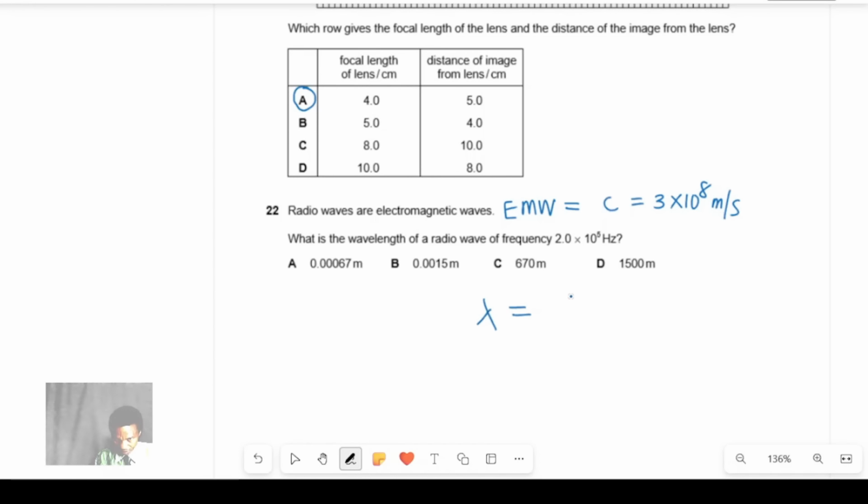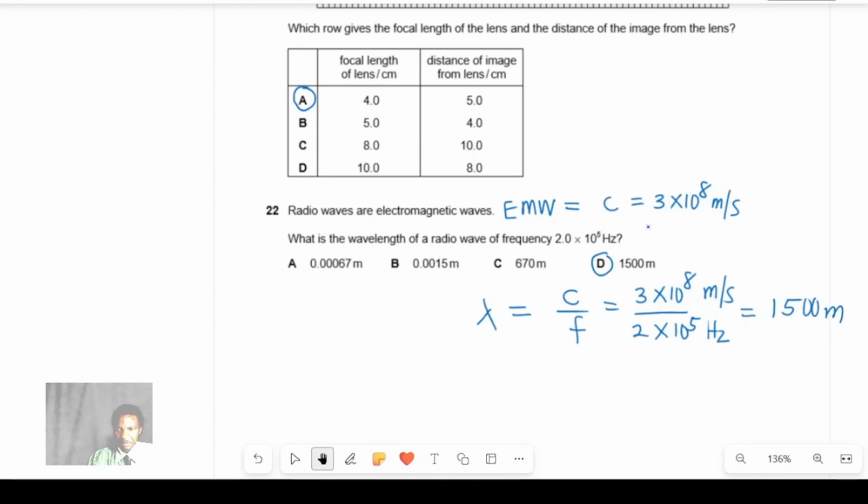Wavelength is equal to speed of light divided by frequency. So that will be 3 times 10 raised to the power 8 meters per second divided by 2 times 10 raised to the power 5 hertz. If you carry out that division, that will give you 1,500 meters. So D.